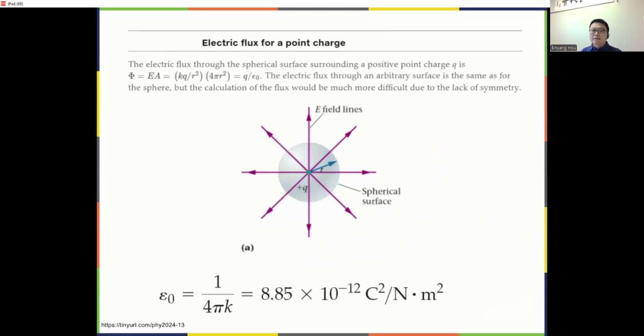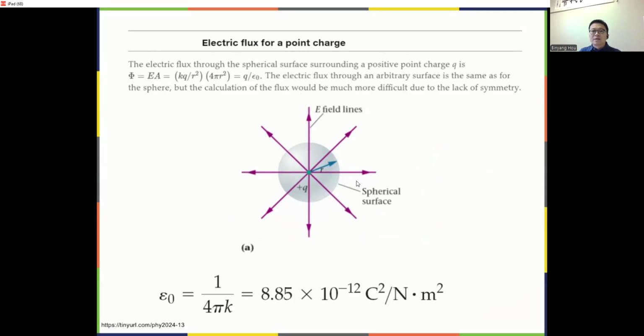Now let's take a look at the electric flux from a point charge, a field produced by a point charge. Earlier we learned that for a point charge, the electric field goes away from the charge in the radial direction.